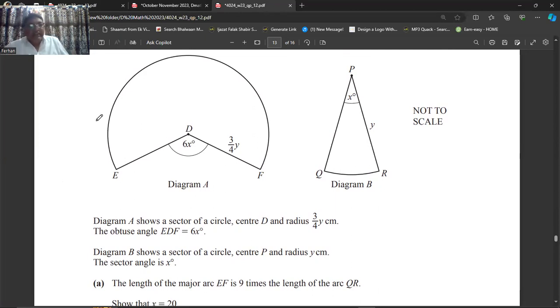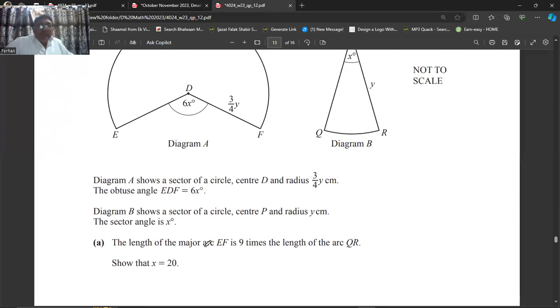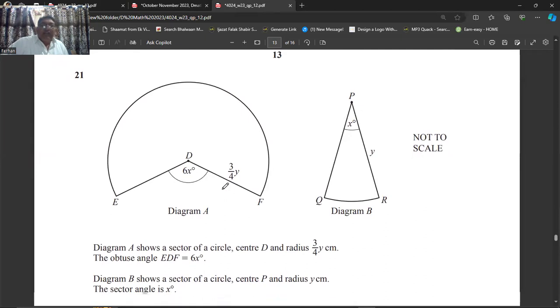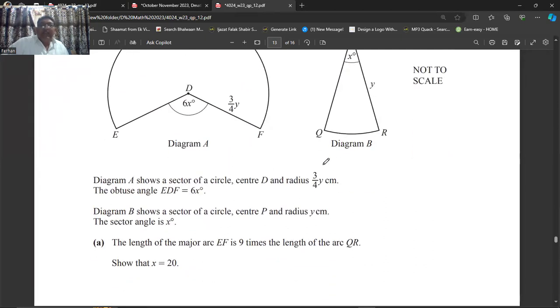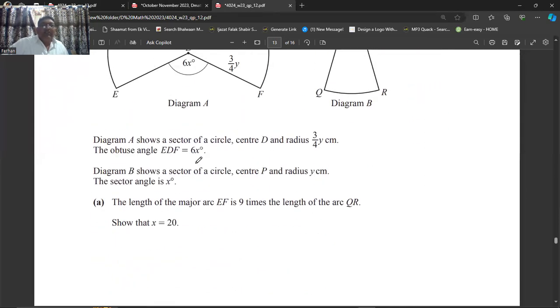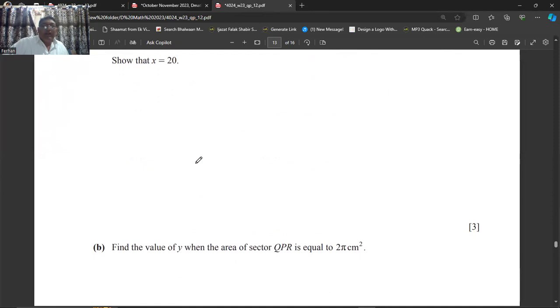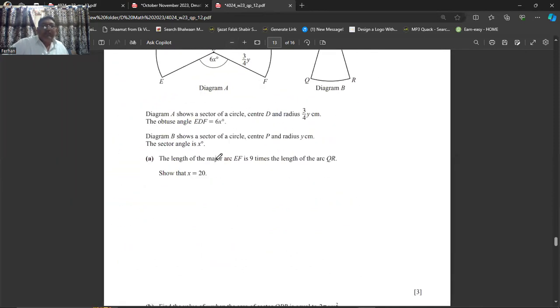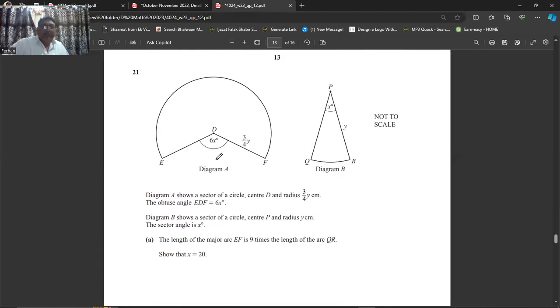The obtuse angle EDF here is 6x. The length of the major arc EF is 9 times the length of the arc QR. So show that the x value will be 20. So it's a 3 marks question. Let me reduce the size so you can see the whole question.